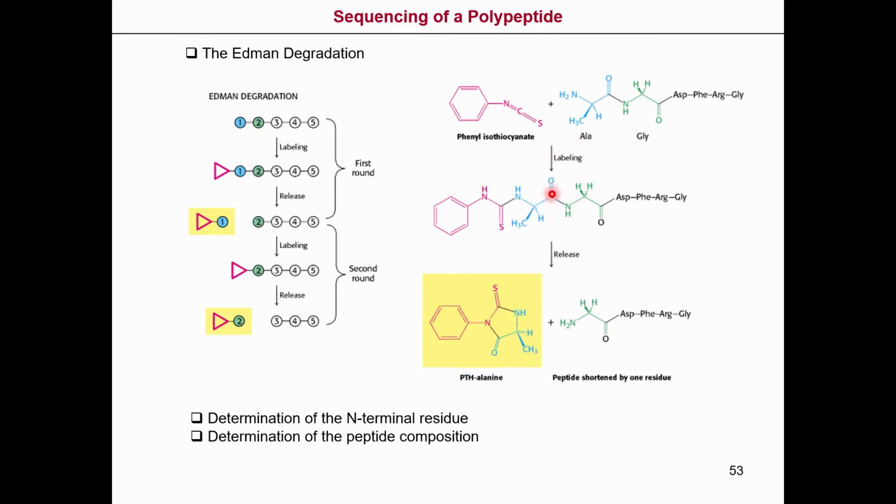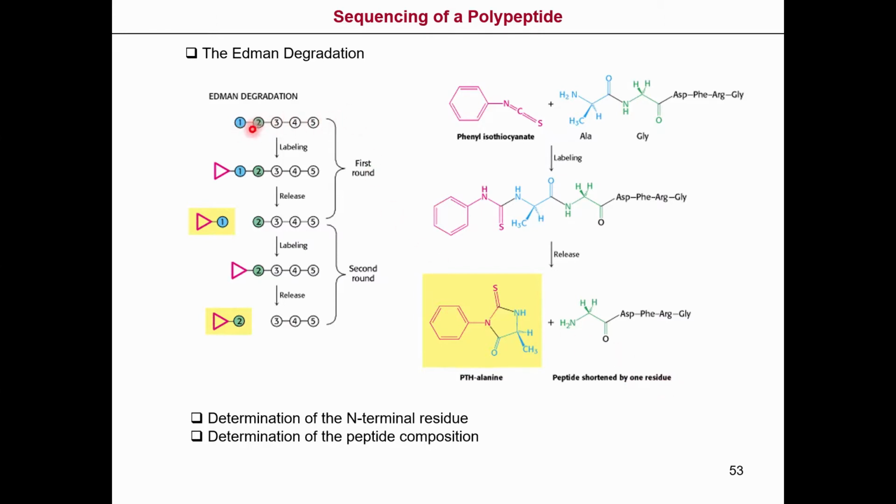Okay, you will have a reaction, and after, because of this kind of dye, you form a ring, and it will be released from the rest of the peptide. So you have alanine labeled with phenyl isothiocyanate, but you also have the peptide shortened by one residue. This is the first round.